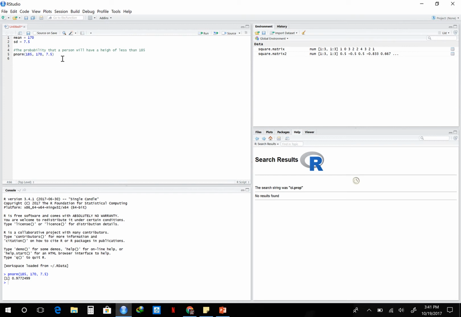If we wanted to find the probability of someone having a height of greater than 185, we would do 1 minus p-norm, and then we'd still fill in the same numbers. Okay, so that's how we use p-norm.